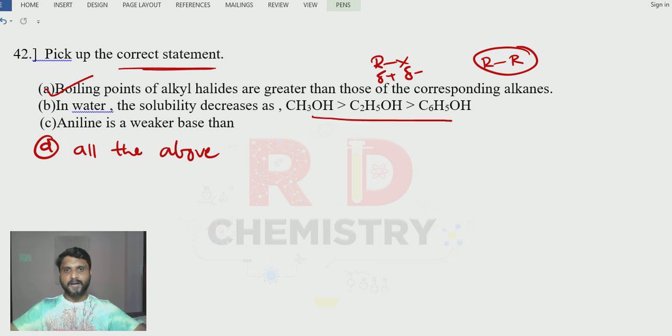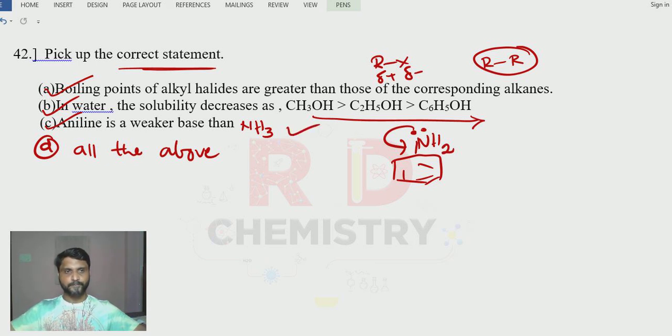As the molar mass increases, the solubility generally decreases, correct statement. Aniline is a weaker base than ammonia, NH3. Okay. So in case of aniline, what will happen? The lone pair of electrons present on the nitrogen is involved in the resonance. Therefore, the lone pair is not available for donation. Therefore, it is a weaker base. Correct statement. Okay. Therefore, the answer is all the above. Right.